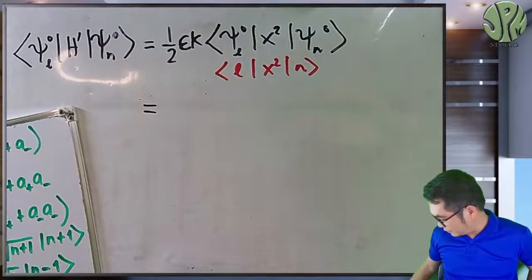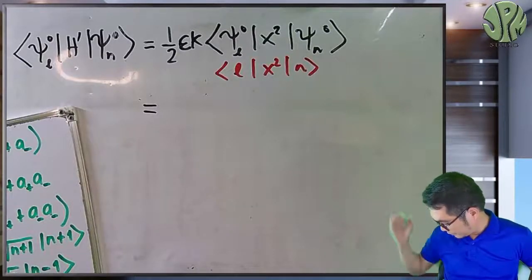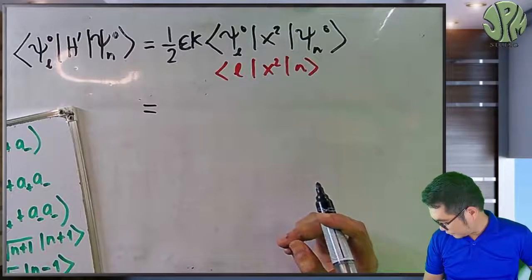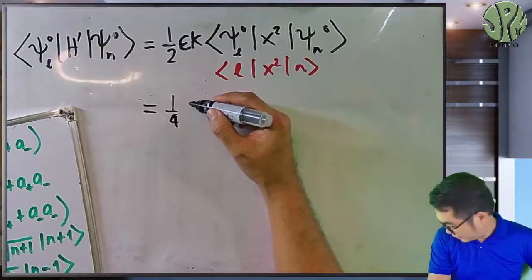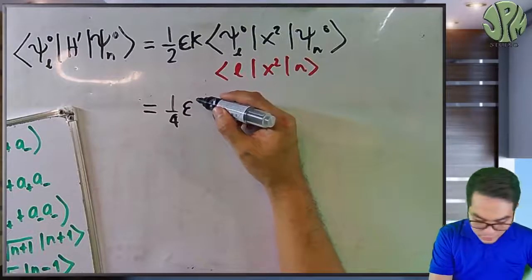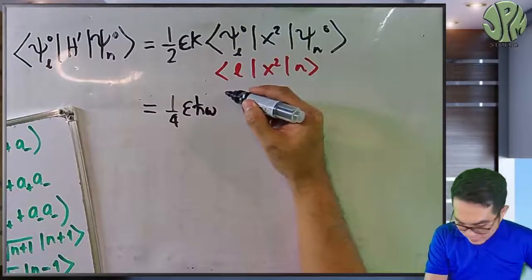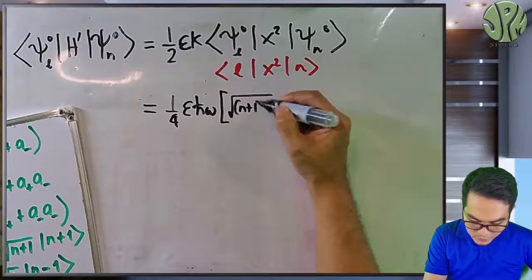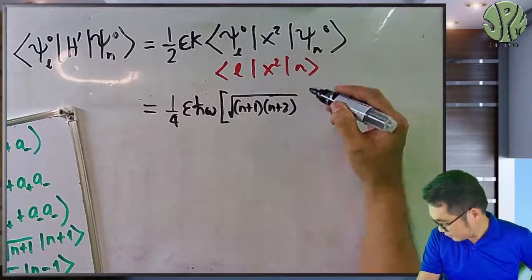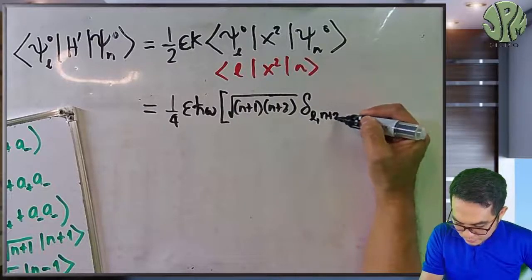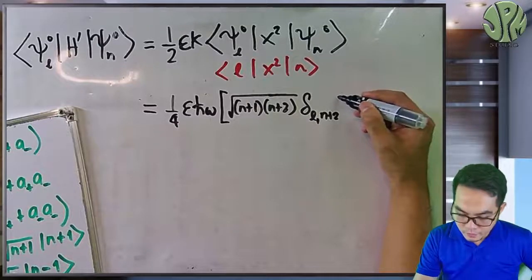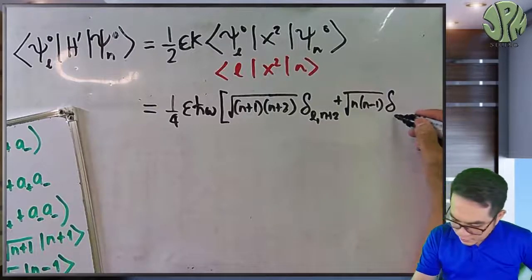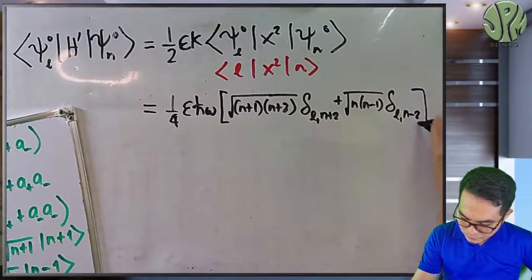a value of 1/4 epsilon h bar omega, and then square root of n plus 1, n plus 2, delta L n plus 2, plus square root of n times n minus 1, delta L n minus 2.